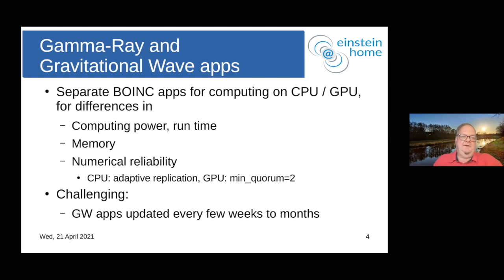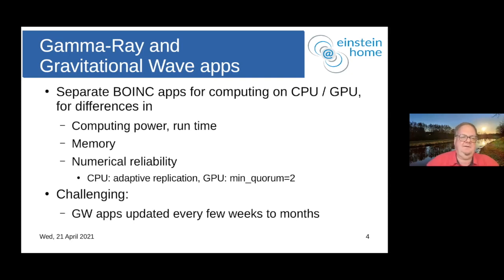For the gamma ray and gravitational wave applications, we have separate applications in BOINC terms for computing on CPUs and GPUs because of difference in computing power and runtime, in memory requirements of the work units.